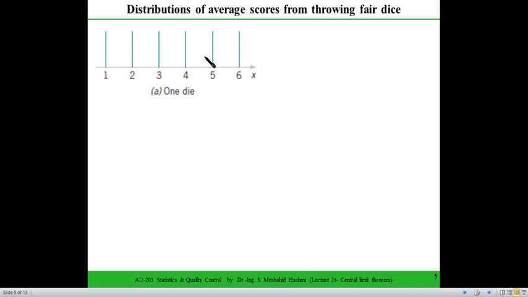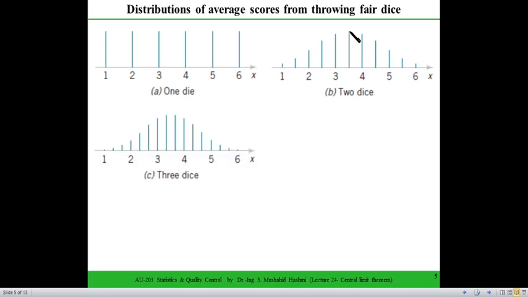If we throw a dice 2 times, the possible outcomes are always 1 to 6 for each. If you see the probability distribution, it looks like this. So 3.5 is more expected, with the highest frequency.